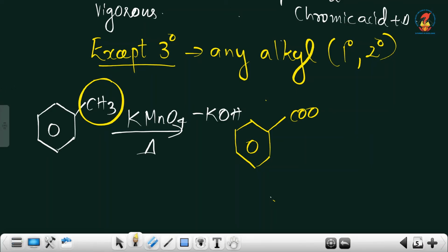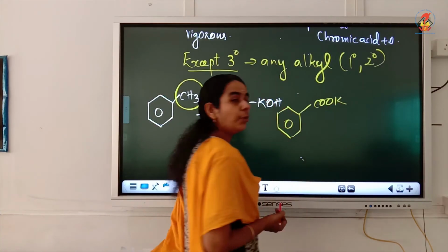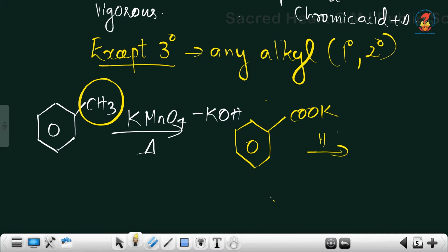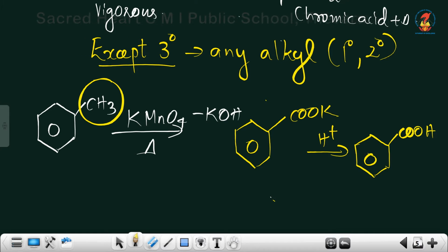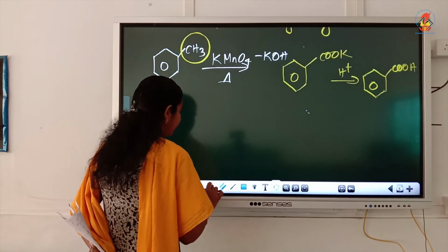The reagent that we are using is alkaline medium, so first we will be getting COOK, the potassium salt of carboxylic acid, which on acidification gives the carboxylic acid itself. So here we have a methyl group as the side chain. See the next example.